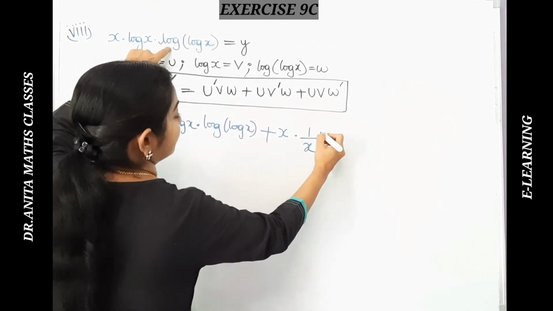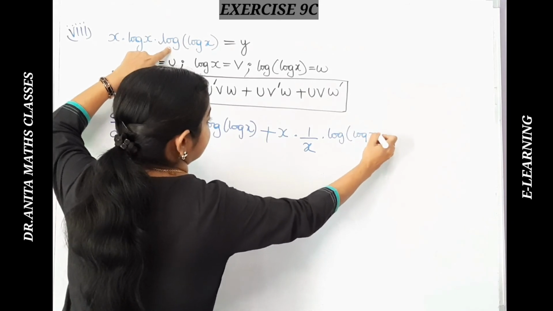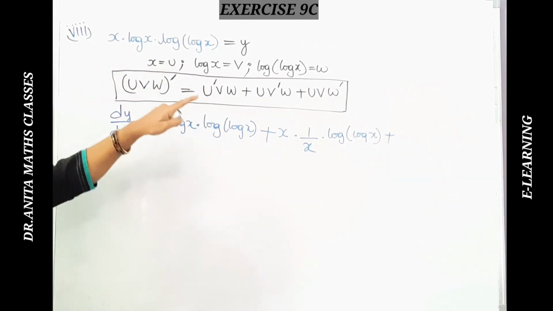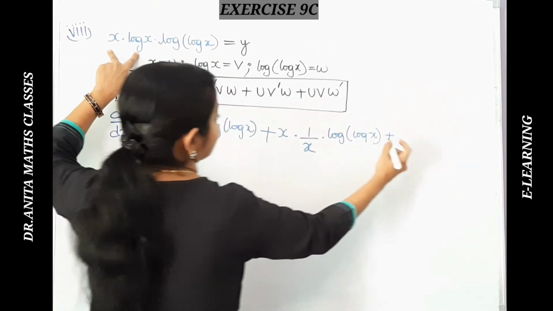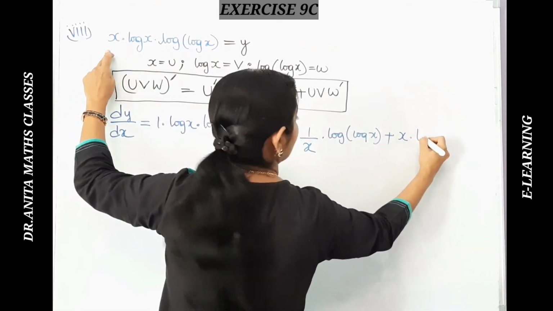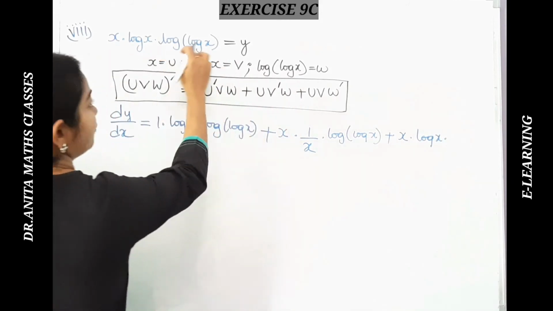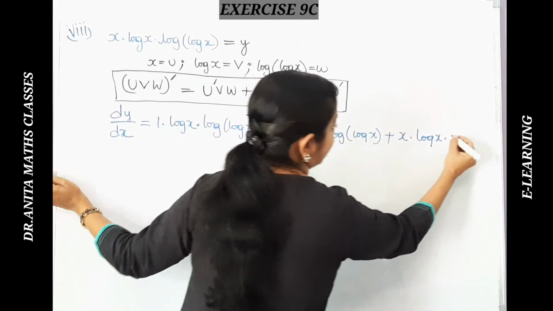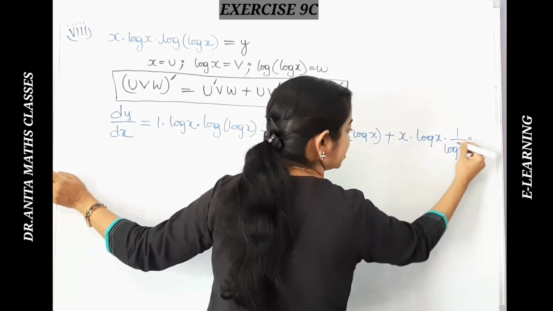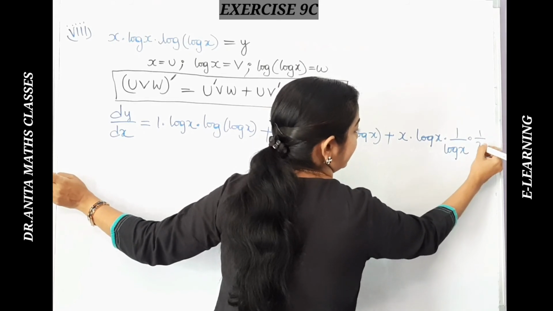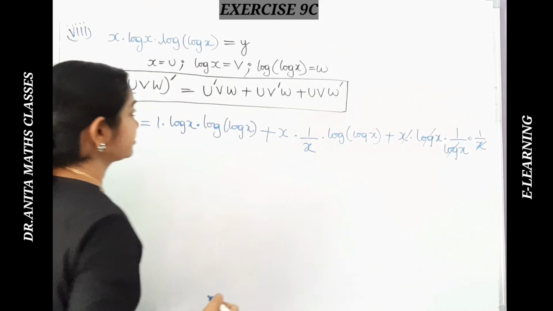Then the third function as it is, log of log x. Now we have to differentiate the third function, keeping these two as they are. So x into log x, here differentiation of log of log x is 1 by log x. Again according to the chain rule, differentiation of log x is 1 by x. So x goes off, log x goes off here.